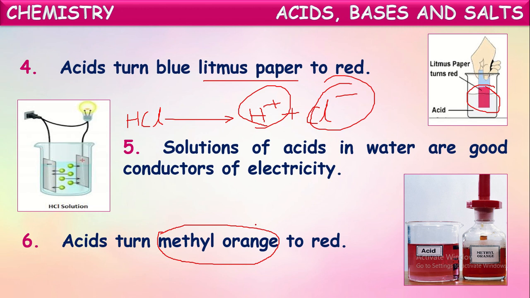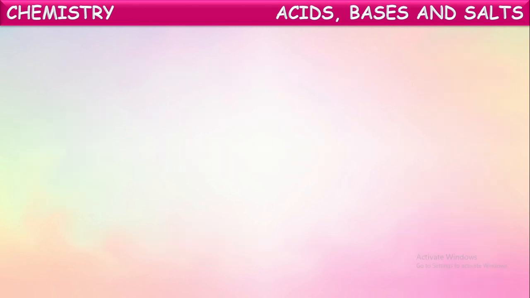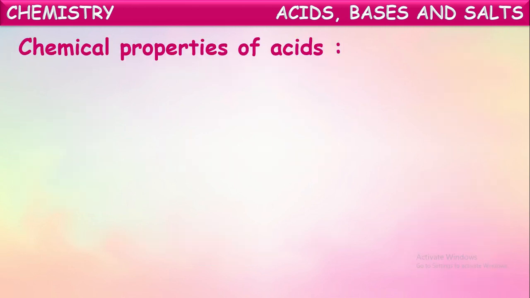In the same way, there are some other substances which can be used to detect acids and bases. One of them is methyl orange. When you drop one or two drops of methyl orange into an acid solution, it turns immediately red in color. Okay, these are the physical properties of acids.